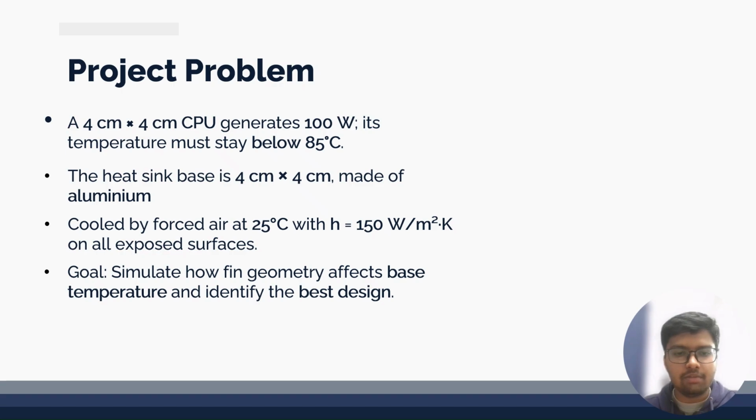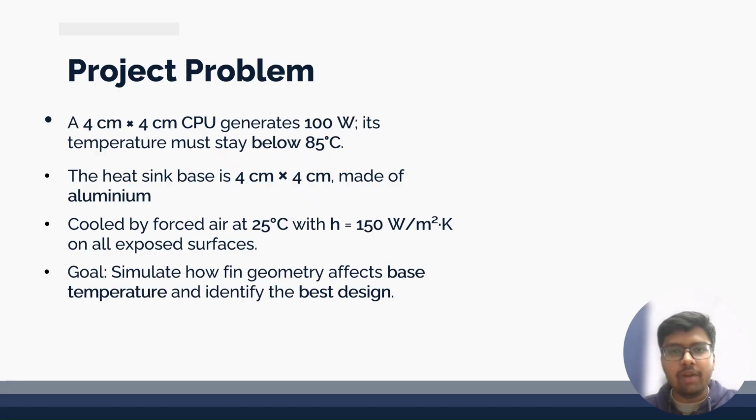Now let's see what the project problem is. The CPU dimensions are 4 centimeter by 4 centimeter, and it generates 100 watt of heat. Its temperature must stay below 85 degrees Celsius. The heat sink base is 4 centimeter by 4 centimeter and is made of aluminum.